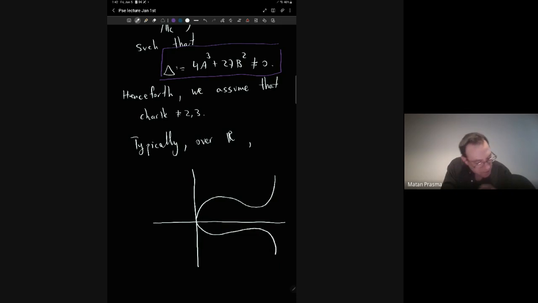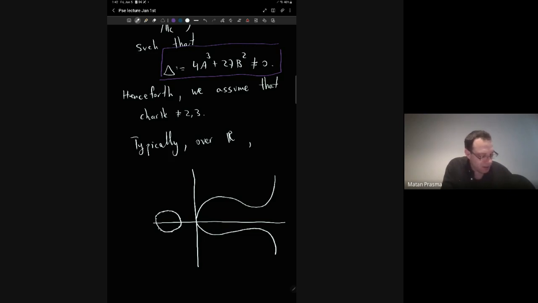Like this fish, and sometimes it could have another part of the curve, this lake.